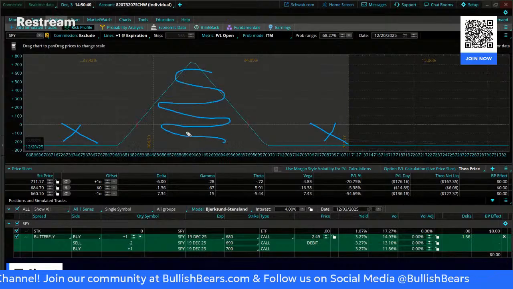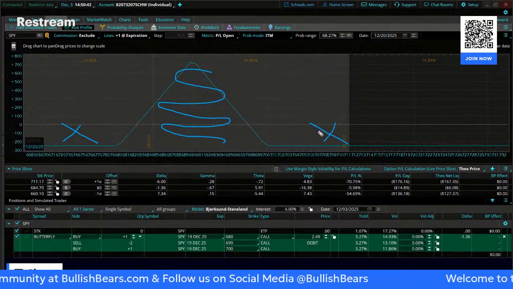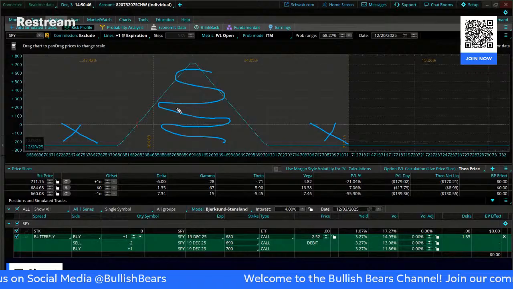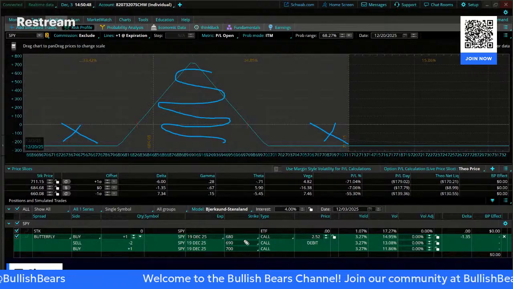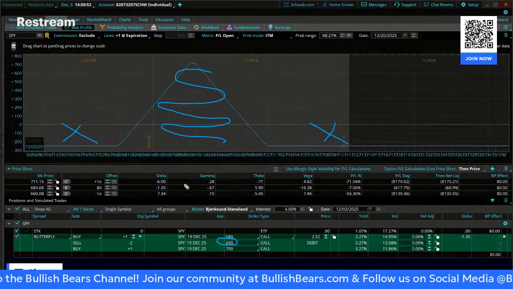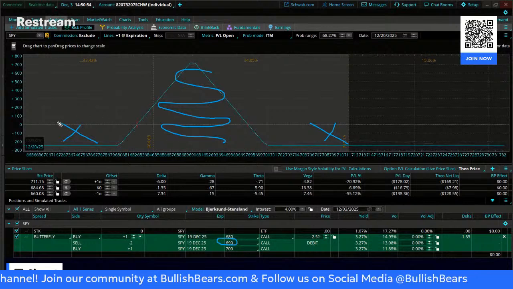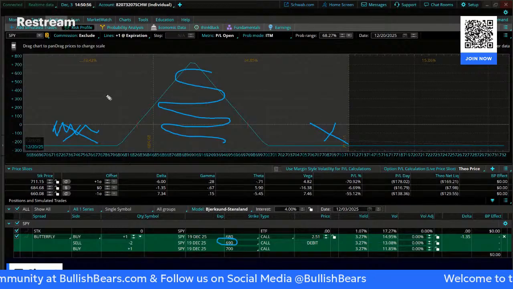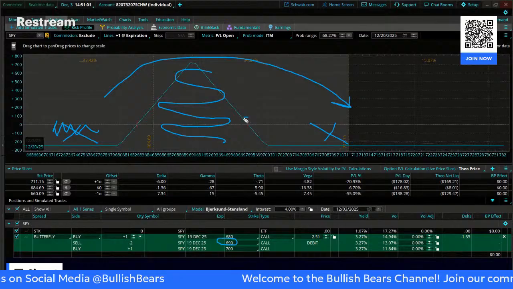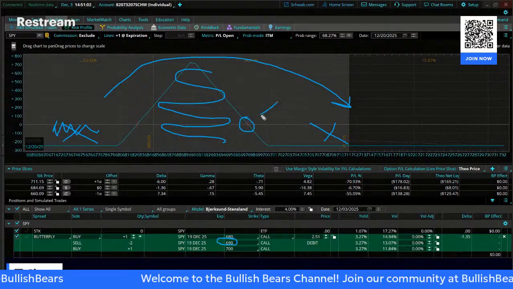What if we could take all of the risk from one side or the other and put it on the other side? SPY right now is underneath 690. So if I took all that risk that is down here and I moved it over to this side, then I would only lose once we broke the upper edge.